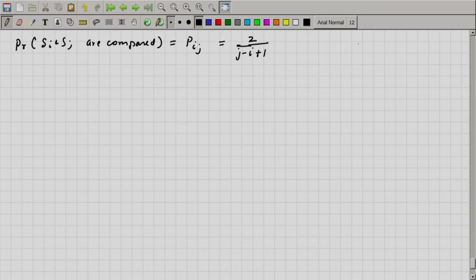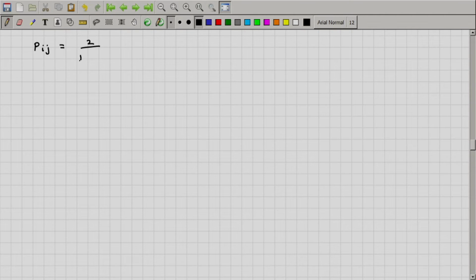So, the probability that Si and Sj are being compared is equal to the total number of favorable choices for x, which is 2, divided by the total number of choices that we can make, which is j minus i plus 1. So, Pij becomes 2 divided by j minus i plus 1.